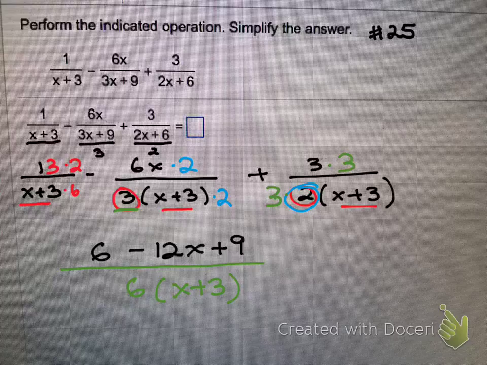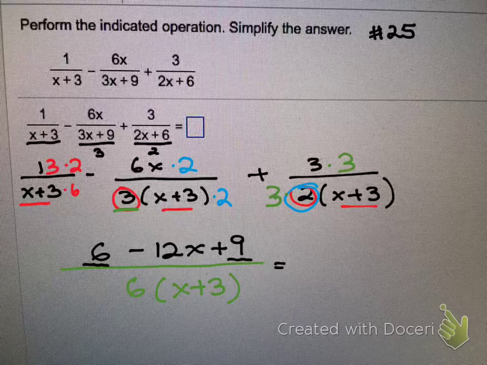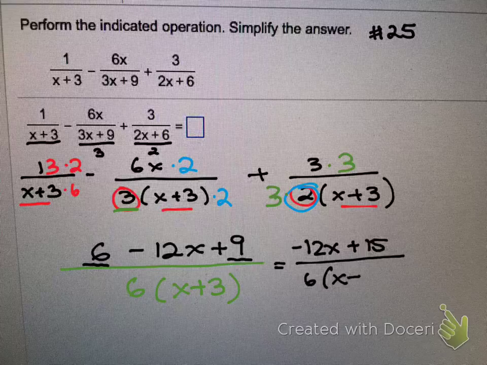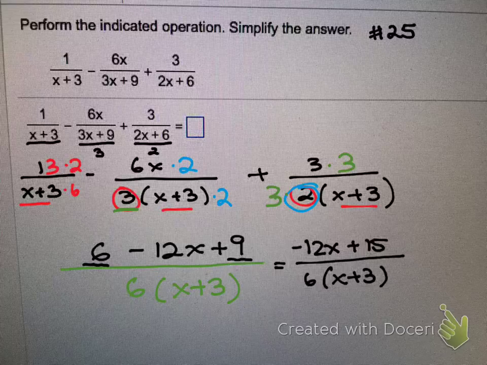Now I'm going to combine like terms. 6 plus 9 are the only like terms in the numerator. 6 plus 9 is 15. So I have a minus 12x plus 15 all over 6 times x plus 3. The next step would be to see if I can simplify this further by factoring the numerator.